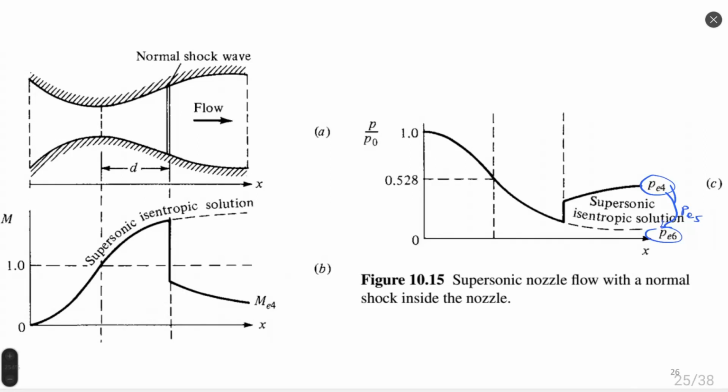It will result not in a normal shock wave, but in formation of an oblique shock wave looking like this. If you are simulating, you can find in your simulation such a flow structure that some oblique shock wave will be formed on the exit of your nozzle. Such a case is possible.